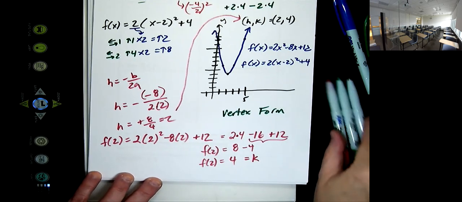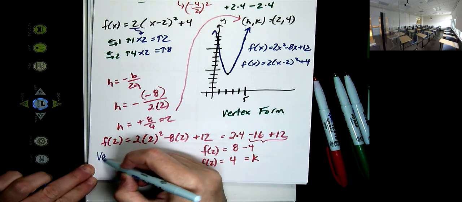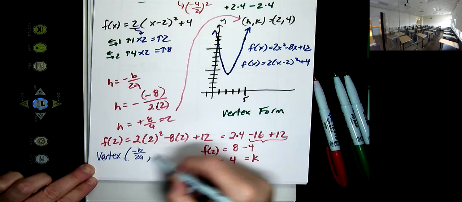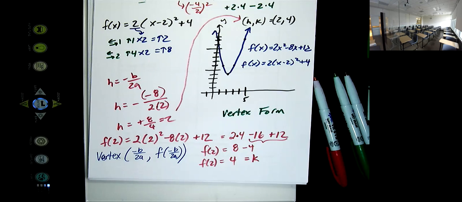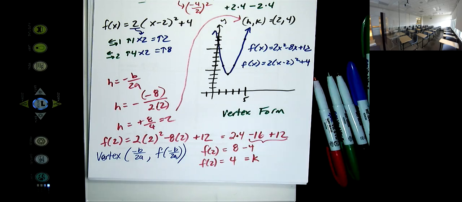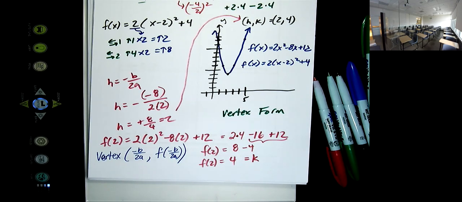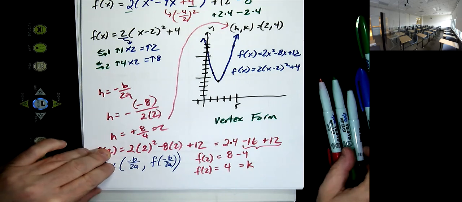So another form of finding that vertex is at negative b over 2a and then f of negative b over 2a. All right. So let me give you guys one to try.